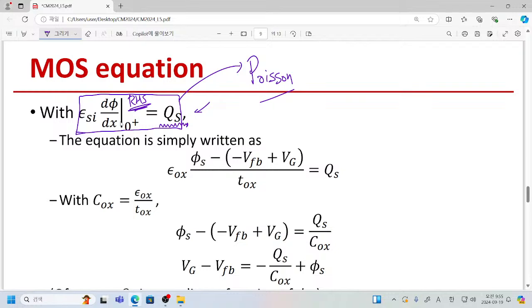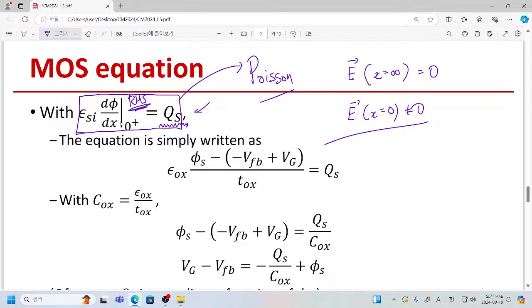Also, if you go into the deep substrate, of course the electric field vanishes. So the only remaining thing is the electric field at the interface. It does not vanish.